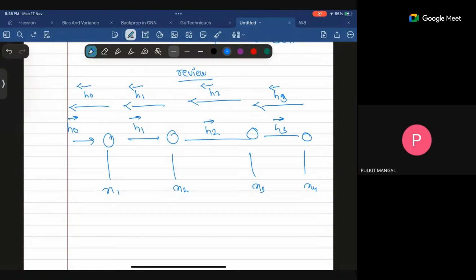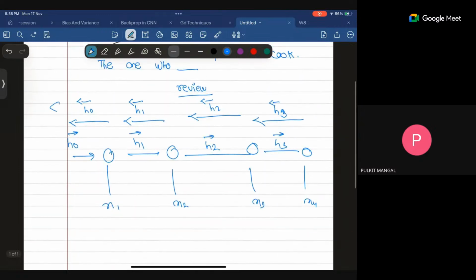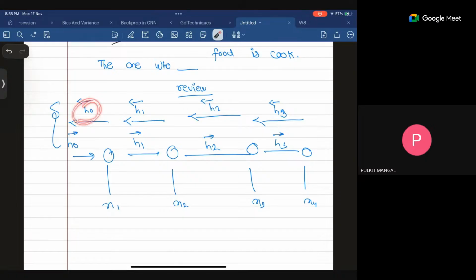And now for predicting the output, what you are going to do? We will not have an H0 for the reverse. How will this H3 reverse happen unless we start, because we start with the H0, right?